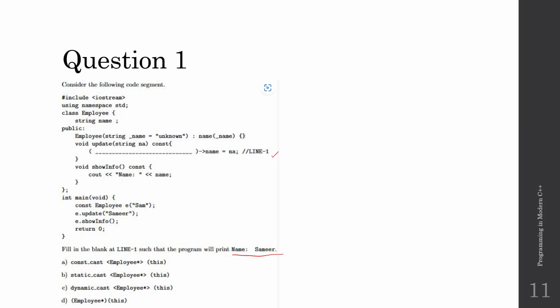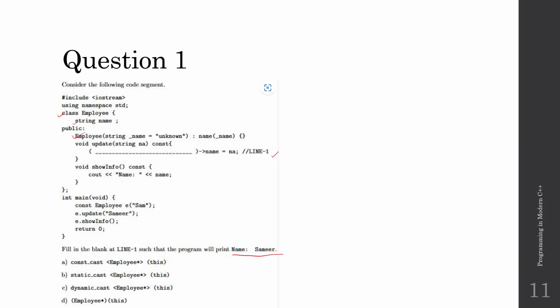Okay, let's do it. As you can see, there is a class with a string name, and there is a constructor with a default argument. We specify the default value of the name, which is unknown, and we set the data member to this argument. Then there is a member function called update, which takes the string na.